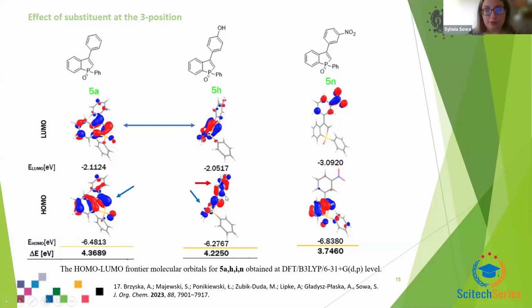In case of 5N, which possesses a nitro substituent, we can see the separation of the HOMO-LUMO levels. Generally, they are not the same.